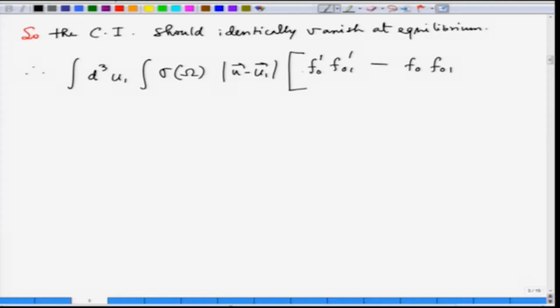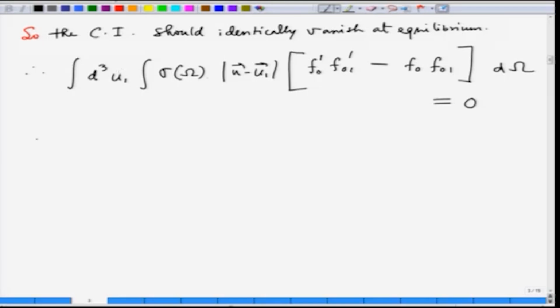I have just replaced every f by its f0 value, because we are talking about equilibrium. This is identically 0, and this is true for any arbitrary choice of u1 and omega.